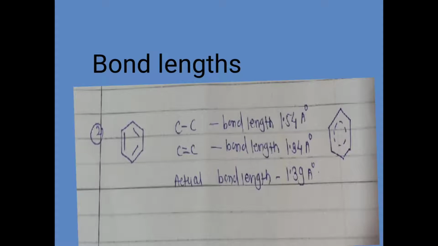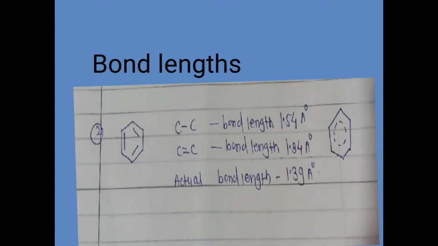Then bond length. In the benzene ring, there are 3 pi bonds. C single bond and C double bond. C single bond length is 1.54 angstrom unit, and C double bond C bond length is 1.34 angstrom unit.